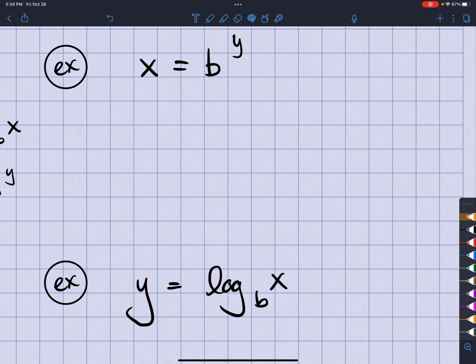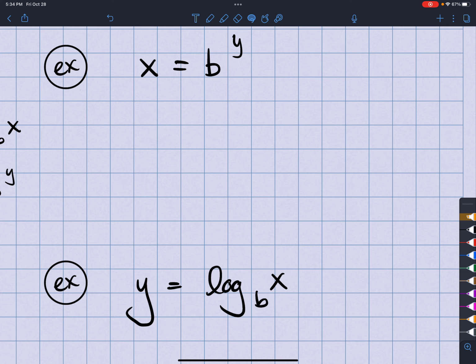So what do I know about this right here? Log base 2 of 2. Do you guys remember? Yes, they cancel each other out, right? And then the 2 just becomes regular.